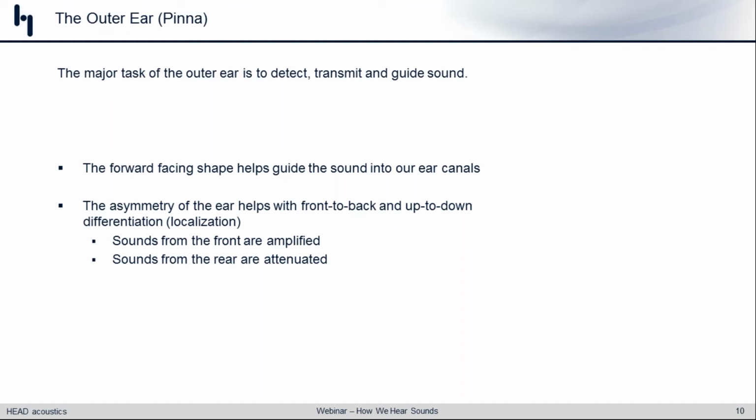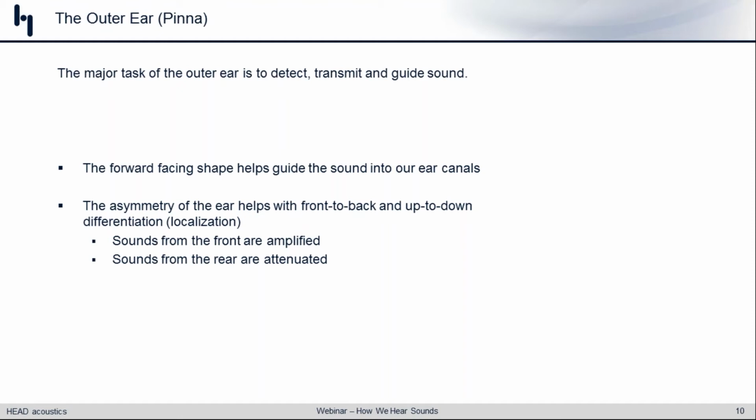The sounds that are from the front are amplified just through the shape of our pinna. And I don't know if you guys do this sometimes, but if you have a hard time hearing something, you can kind of cup your hand up against your ear and expand that satellite dish a little bit, and you'll have a greater time hearing things from the front.